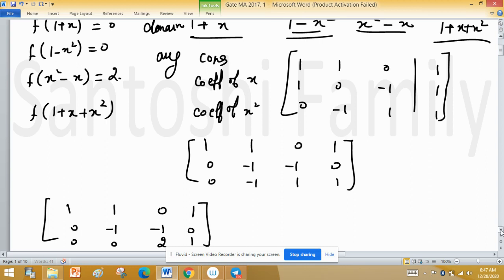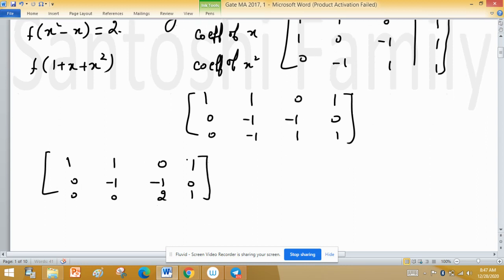This is my last equivalent matrix. Here 2 x3 equals 1, so x3 equals half. Minus x2 minus x3 equals 0, so x2 equals minus half.